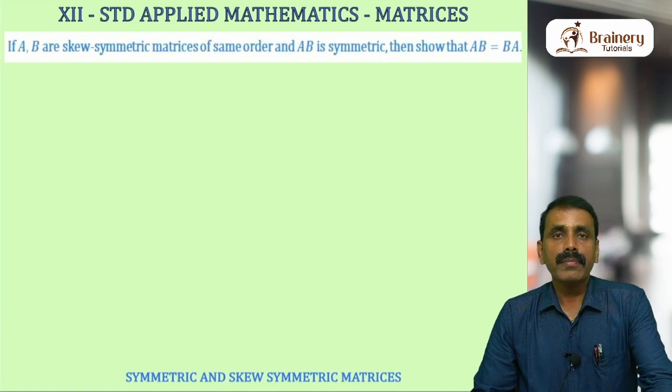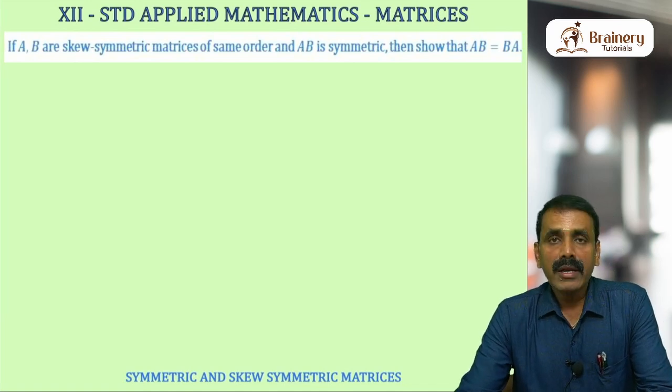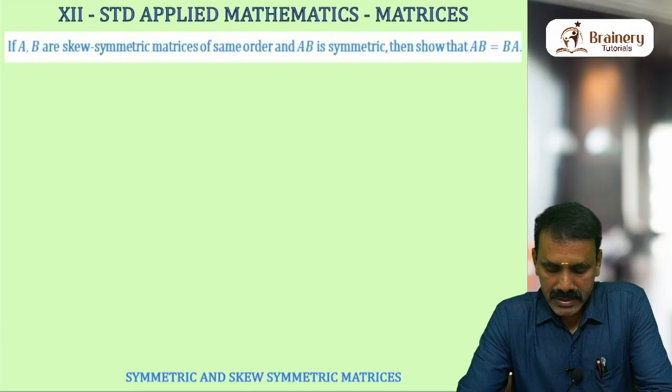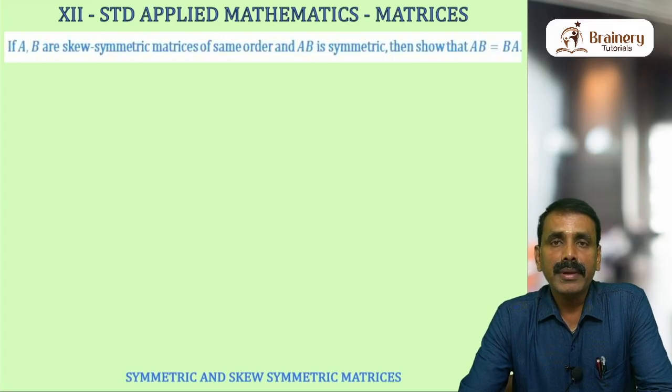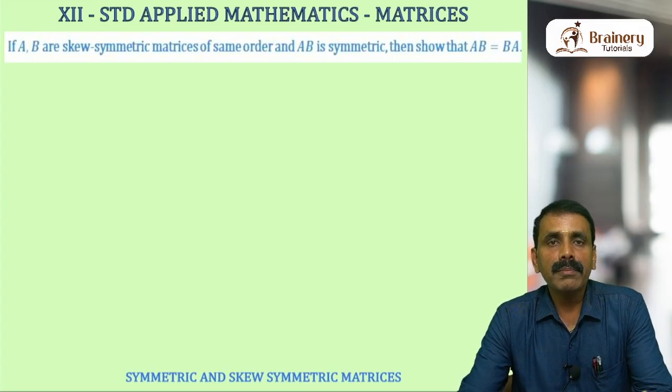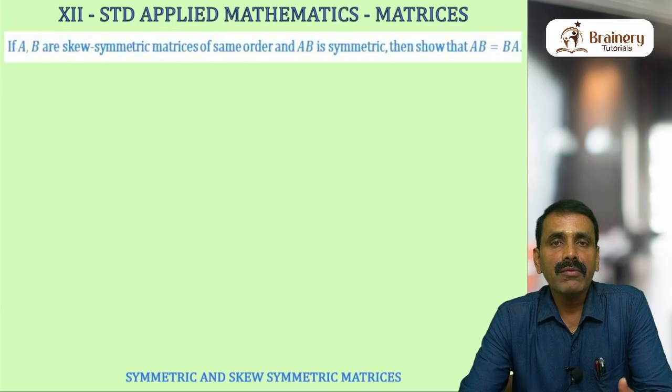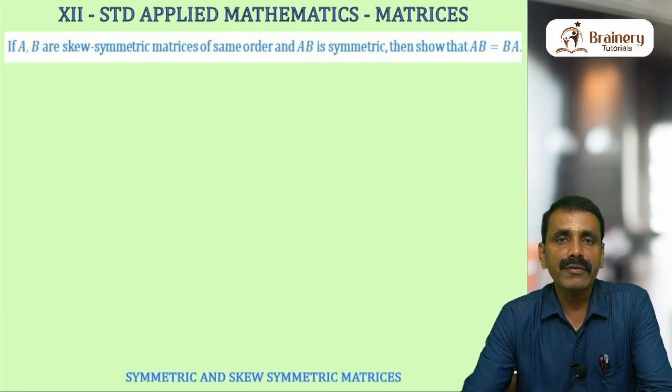Now same way, if A and B are skew symmetric matrices of same order and AB is symmetric matrix, then show that AB is equal to BA. We proved the earlier one with the help of symmetric matrix. Now we are going to prove with the concept of skew symmetric matrix. That is the difference.